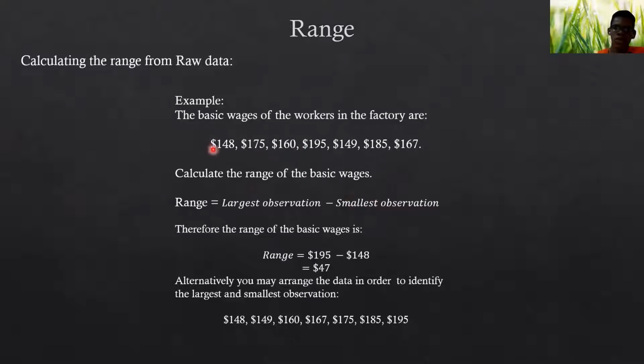So what you got to go ahead and do is, in your raw data set, identify the largest observation and the smallest observation. Good. So we have the largest and smallest observation. Right.